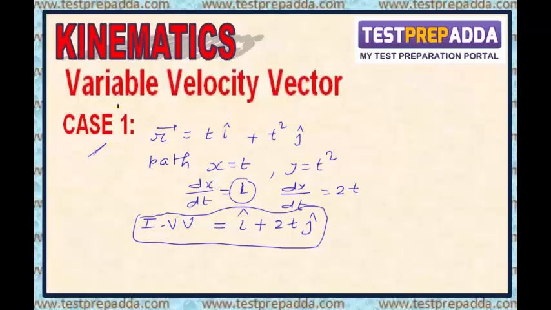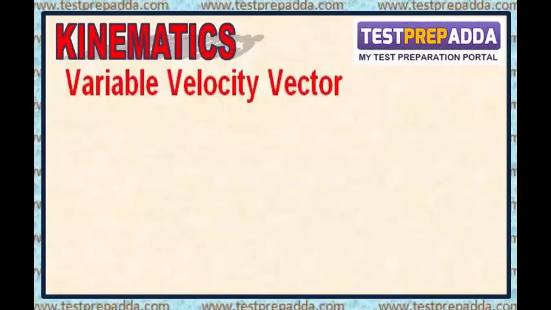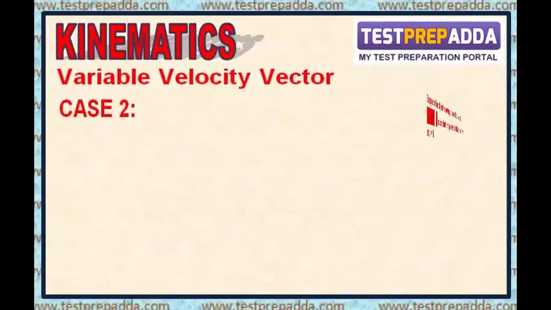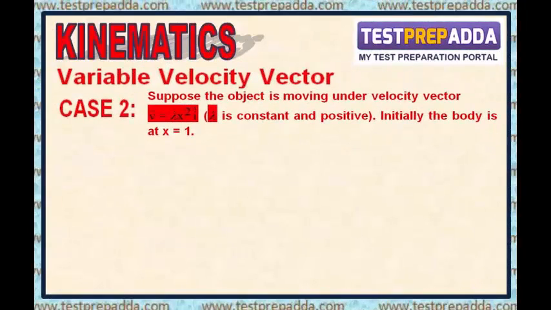Now I'll take the second case. Here case 2 says, suppose the object is moving under a velocity vector which is given as lambda x square i cap. This lambda is constant and positive. It is given that initially the body is at x is equal to 1.